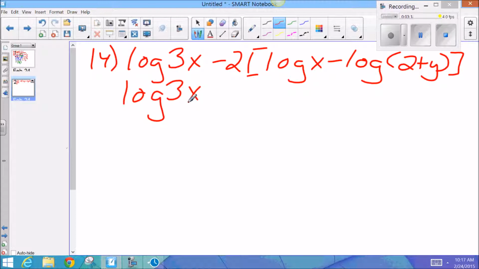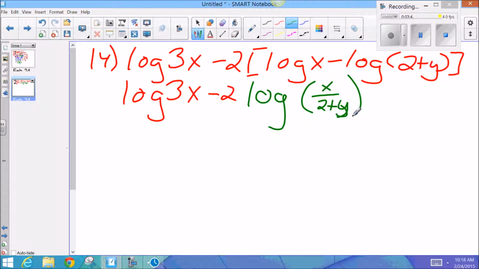So the log of x minus the log of 2 plus y can be changed to a single log by making it the log of x over 2 plus y. Okay. All right, so now I've got this coefficient. I want to get that coefficient out so I can combine the other two logs.